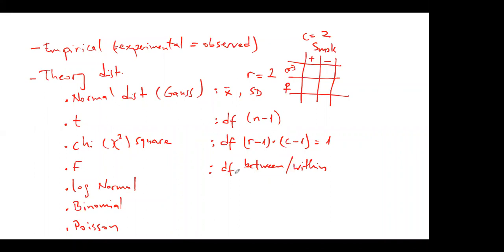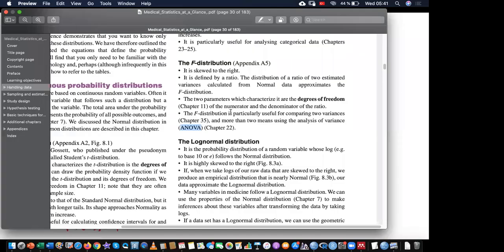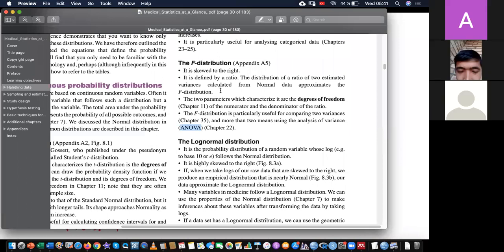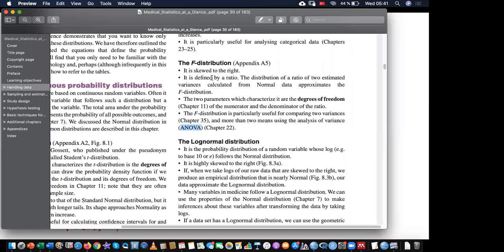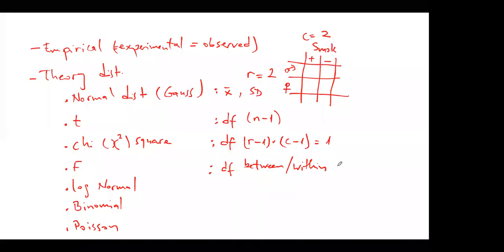If you divide the degrees of freedom of these two, you will have the F distribution. So if I ask you in the exam, what is the parameter defining the F distribution? It is the degree of freedom between and within. It is a proportion, or it is defined by a ratio. Okay? Ratio.